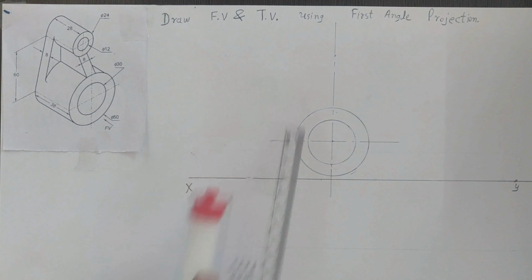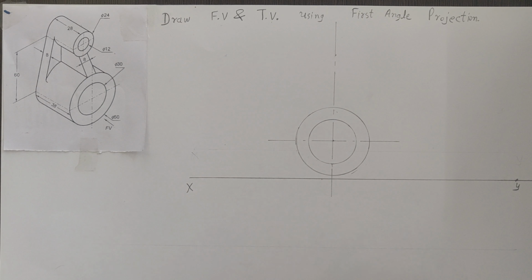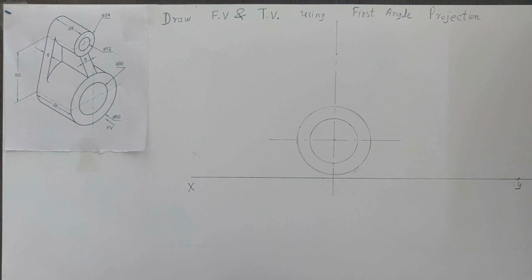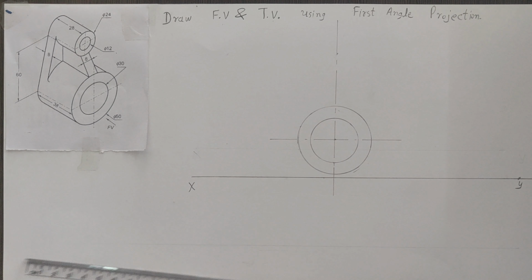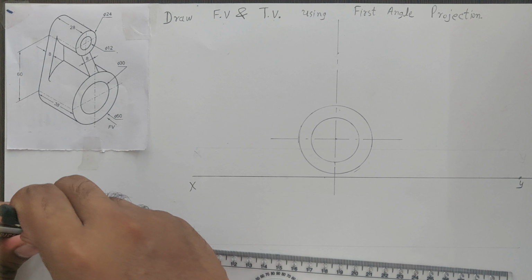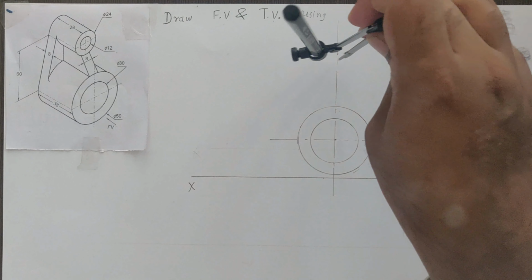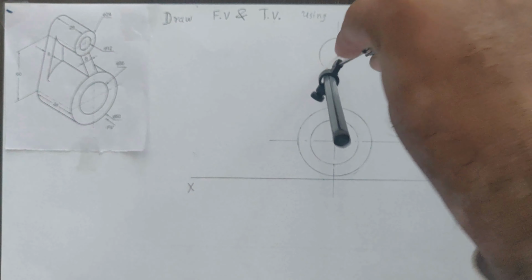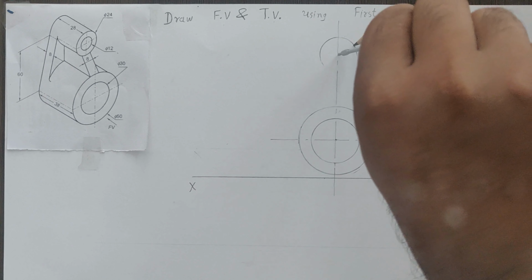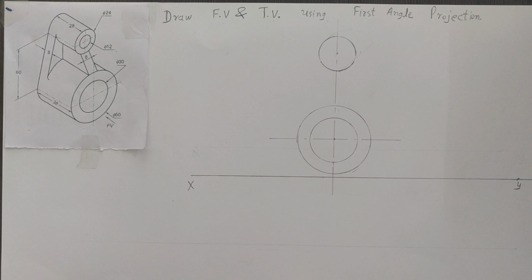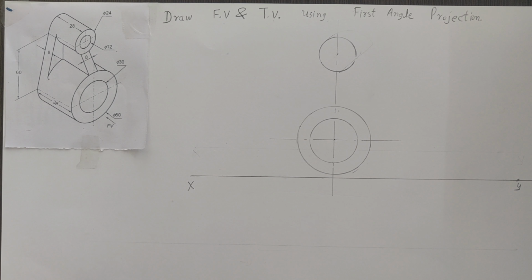This is my other center. Let us draw another circle of 24 mm diameter. So you have to take the radius of 12 mm. Here it's my radius, and the circle is of 12 mm. Now you can see there is a circle of radius 12 mm.